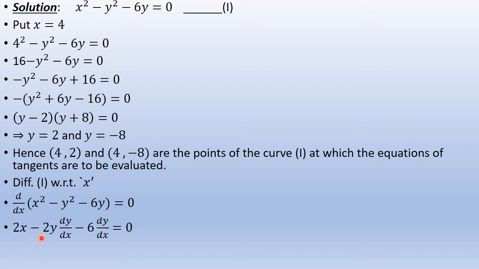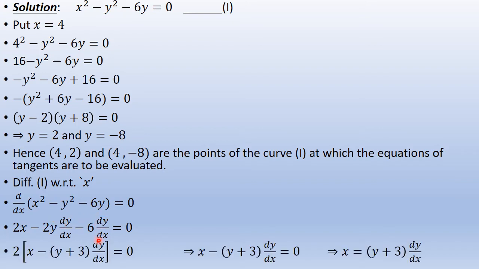Now take 2 common, and also minus common from these terms, and also dy by dx common. All you have to do is to find the value of dy by dx. The steps are of your own choice. I have done it like this: I have taken 2 common, this minus sign common, and dy by dx common here.